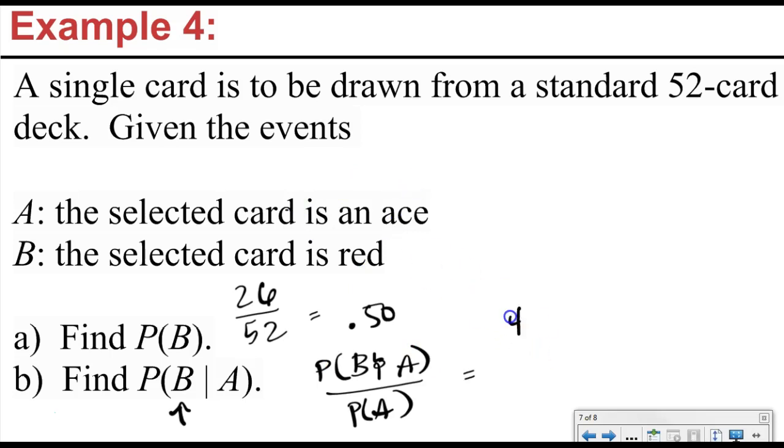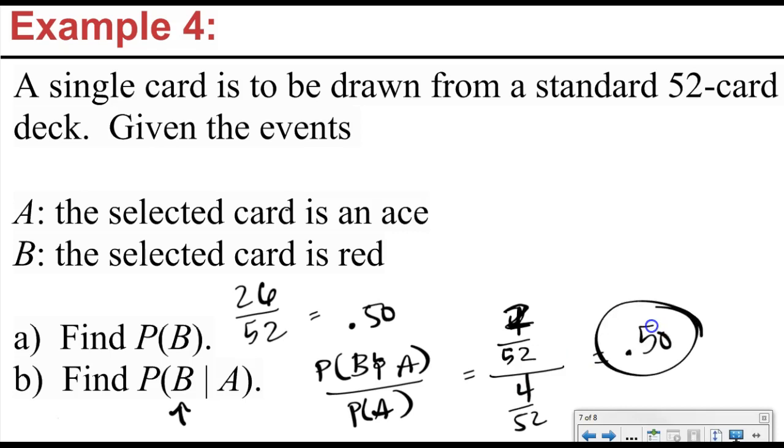There are 2 out of 52. And how many aces are there in a deck? 4 over 52, which simplifies to 0.50, a 50% chance. So if you're told that your card is going to be an ace, 50% of those will be red.